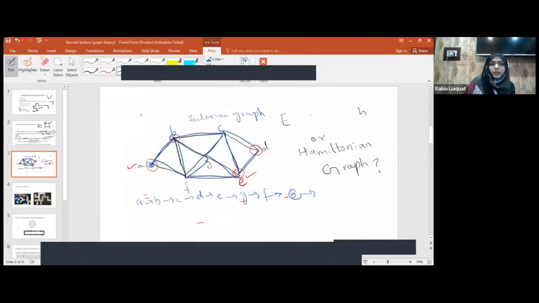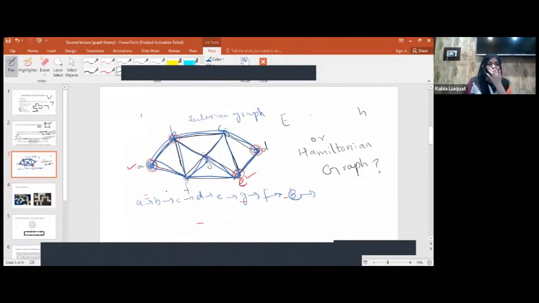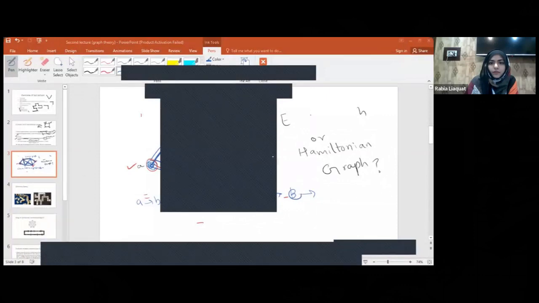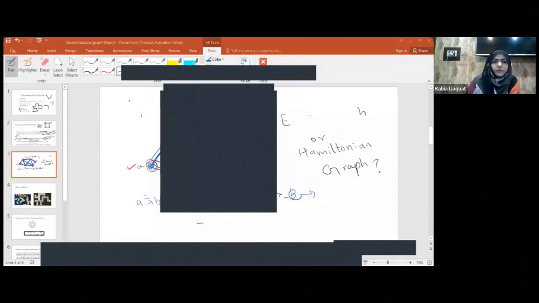Every vertex comes only once, and there is no repeat of vertices. So this is Hamiltonian graph as well. Understand? Okay. Any question?